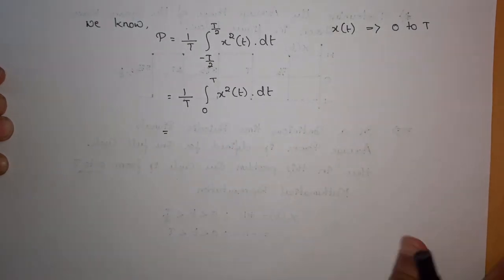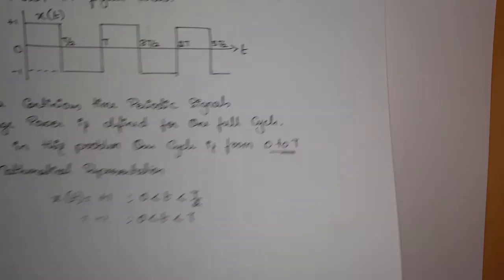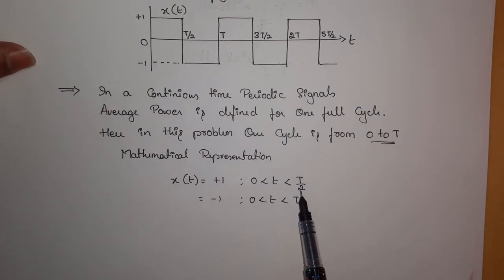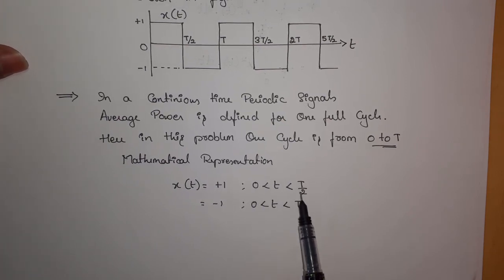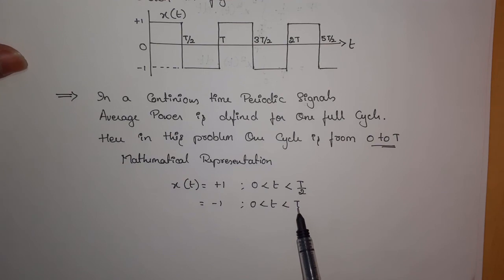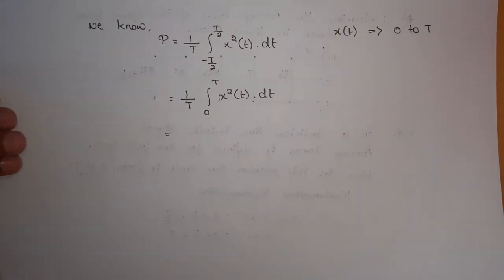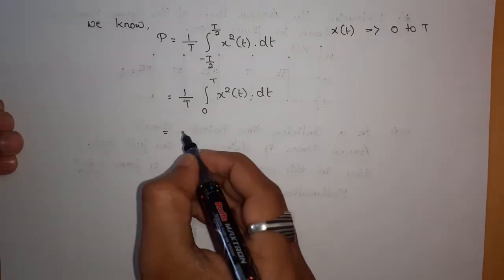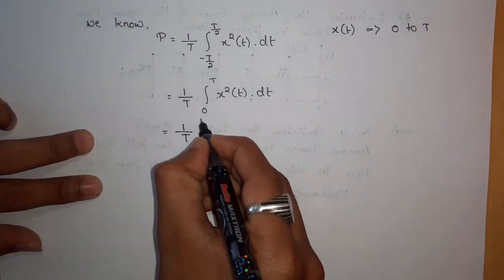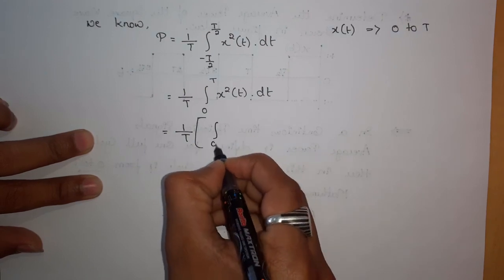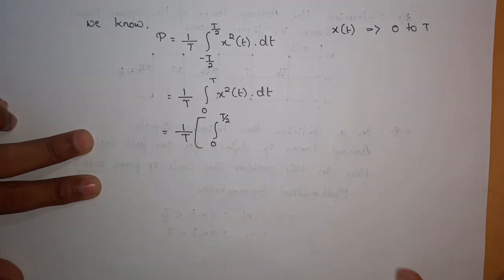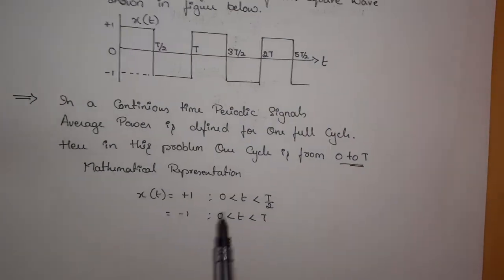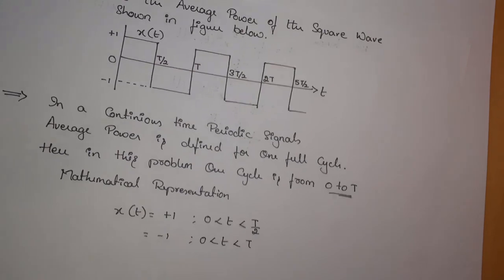Now since the signal is split at 0 to T by 2 and T by 2 to capital T, we can split the integration into two parts. Splitting the limits of the integration, 1 by T within the bracket, integration of 0 to T by 2, the value of x of t is 1.